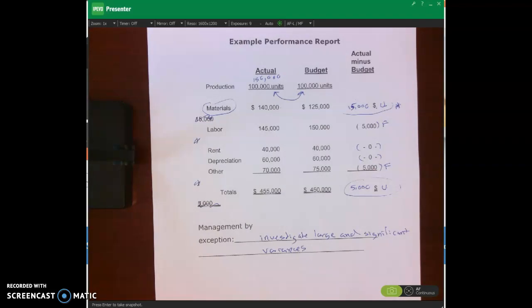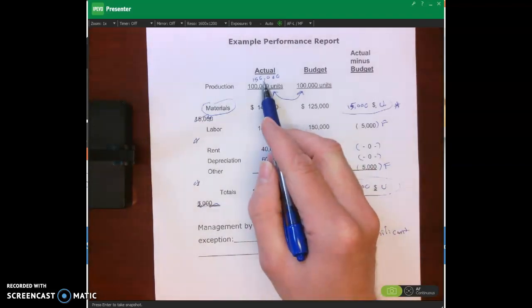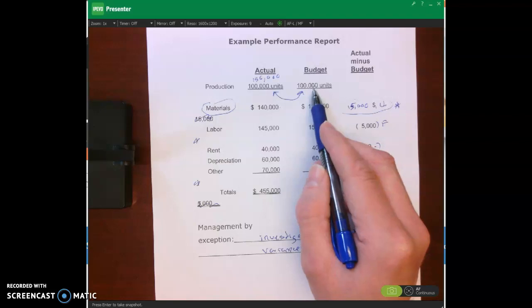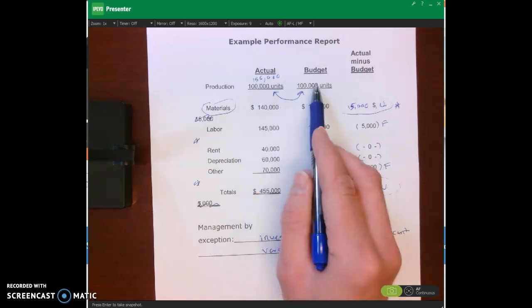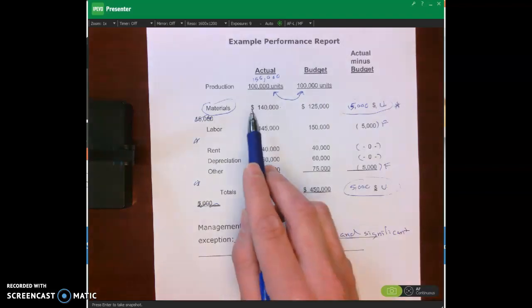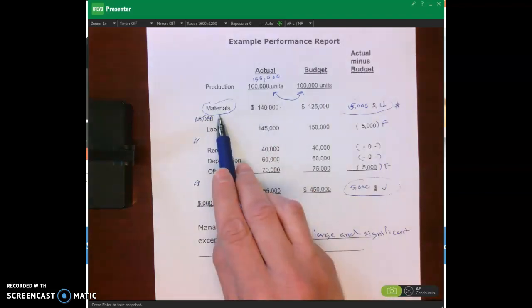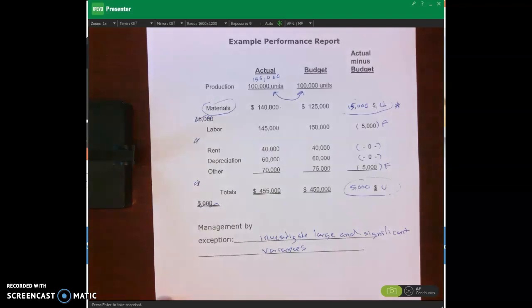Let's say that we were making soft drinks and we made 150,000 cans of Pepsi. We only thought we'd make 100,000. Well, if we made 50,000 more cans than we thought, of course, our ingredients costs, which would be our materials, would be higher because we simply made more than we thought we were going to make. Same thing with the labor costs.